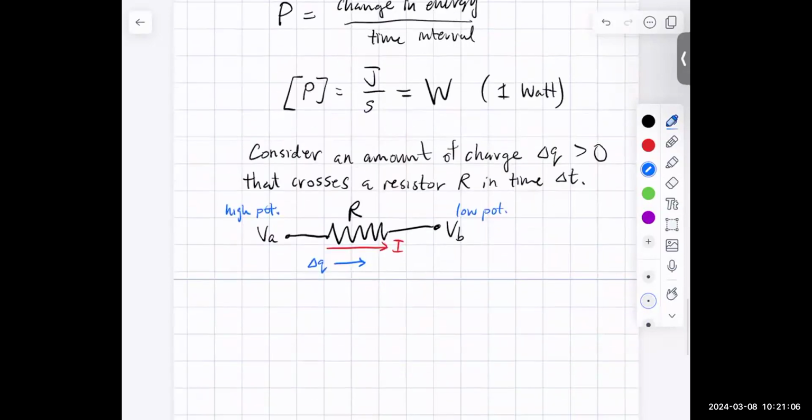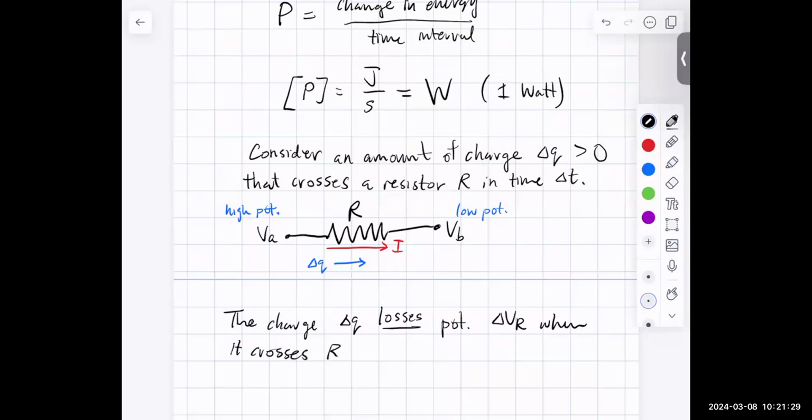Okay, so the charge delta Q loses potential delta VR when it crosses the resistor.